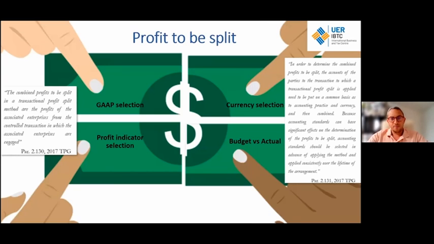Before going into the numbers, we need to consider that when we speak about profit split, we are combining two profit and loss statements. So to be able to compare apples with apples, we need to take some other important steps first.